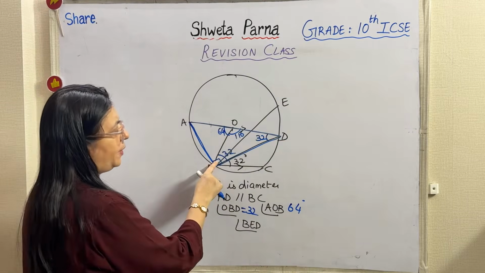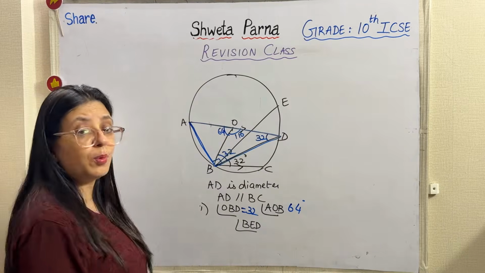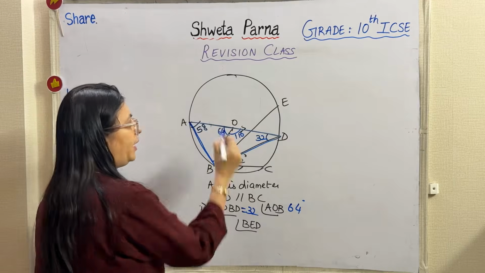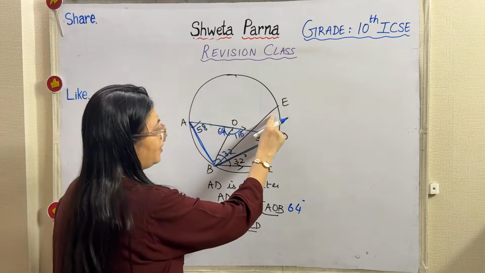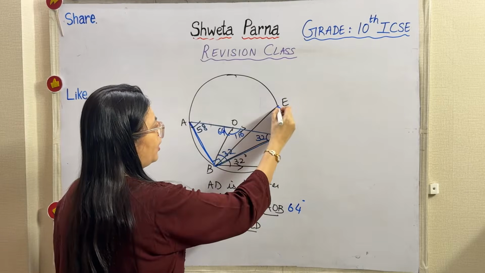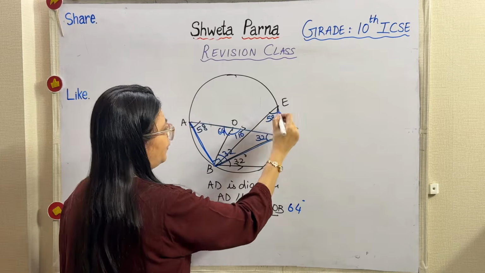This is 90 degrees. This is 32 degrees. So, 90 plus 32 is 122. So, this angle would be 58 degrees. This angle and this angle are lying on the same segment. We can draw a line. They are lying on the same segment. So, even this will become 58 degrees.